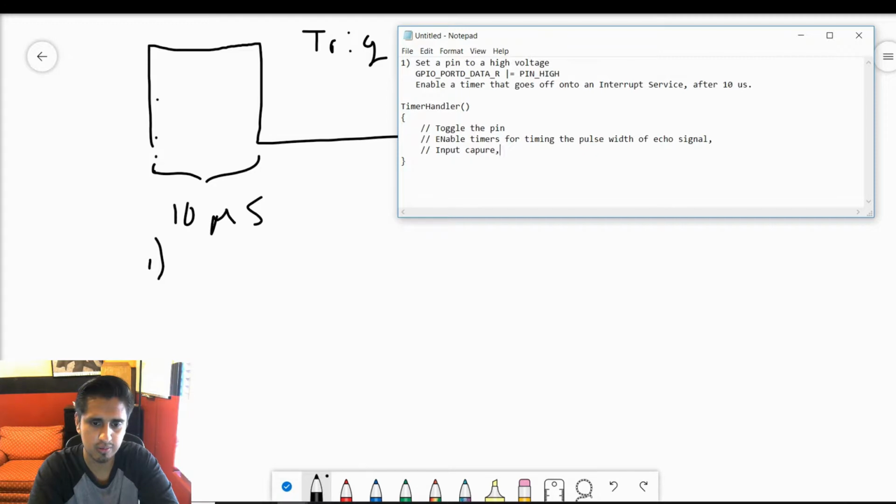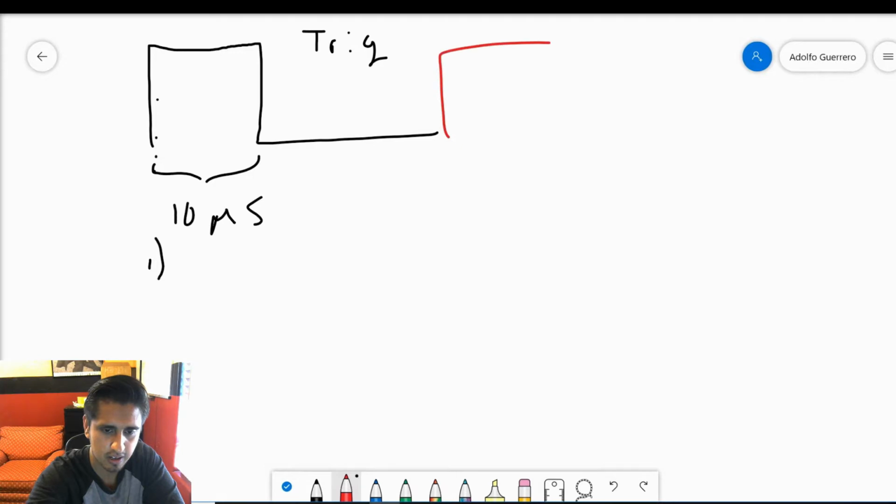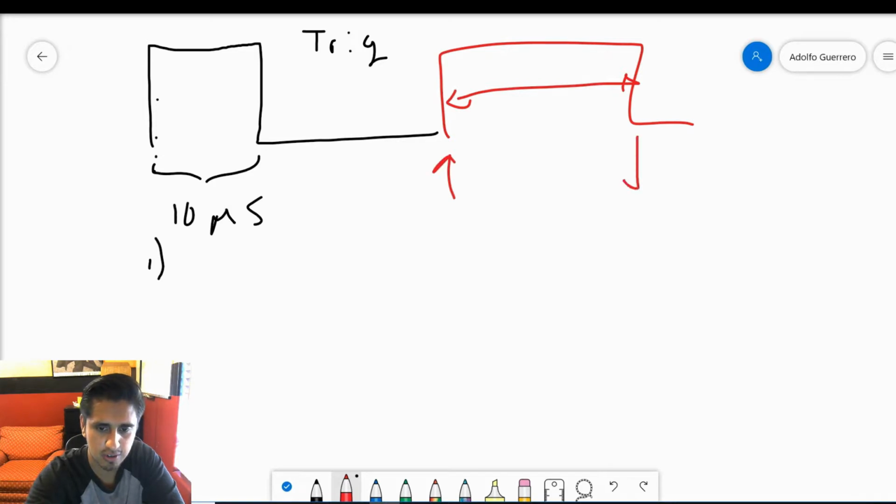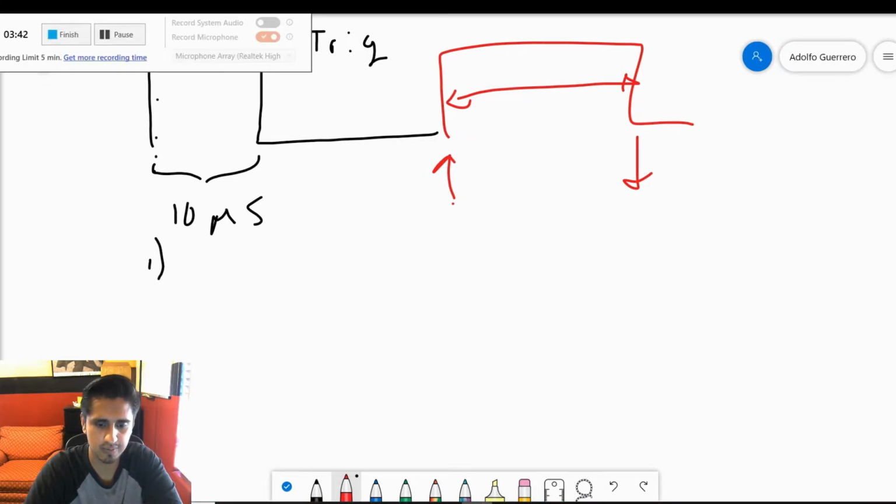We're going to use the timers and the pins to look for the input and to use for edge detection. We're going to use the rising edge of the signal and the falling edge of the signal. This needs to be timed, so that's why we're using timers. We're also going to use interrupts in order to measure the difference between these two times that are recorded within the timer counter registers.